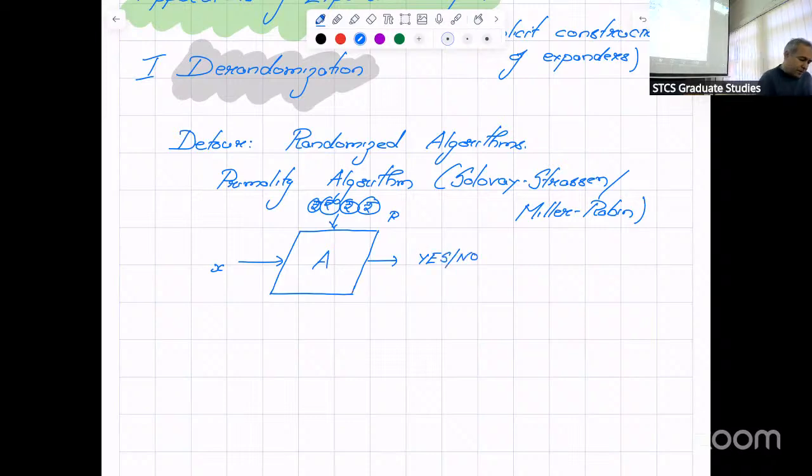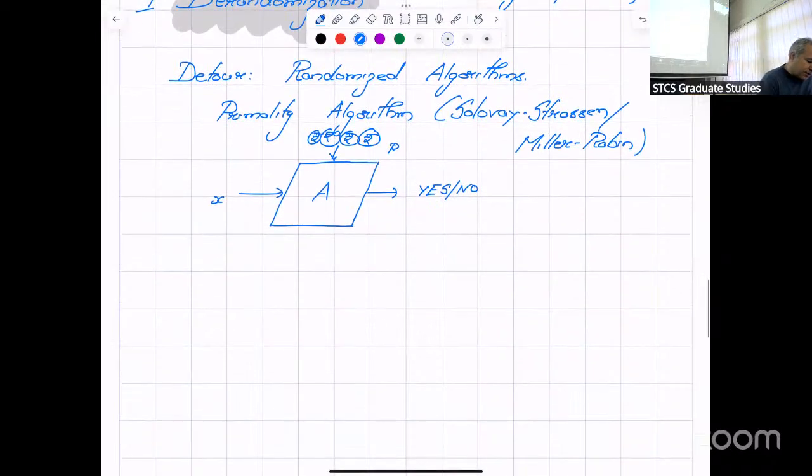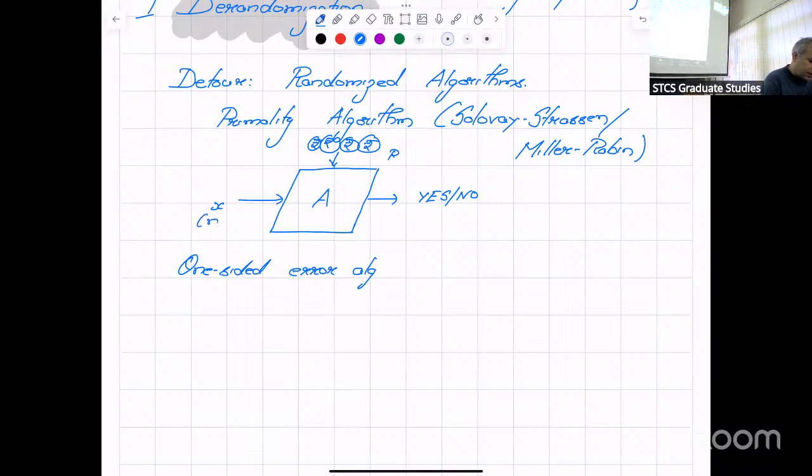And let's for now look at just one-sided error. The reason I gave primality is that it is a one-sided error algorithm. These have the feature that, say this is x or n, if n is prime, then the probability over the random coins that A(x,r) accepts is 1. It always accepts.